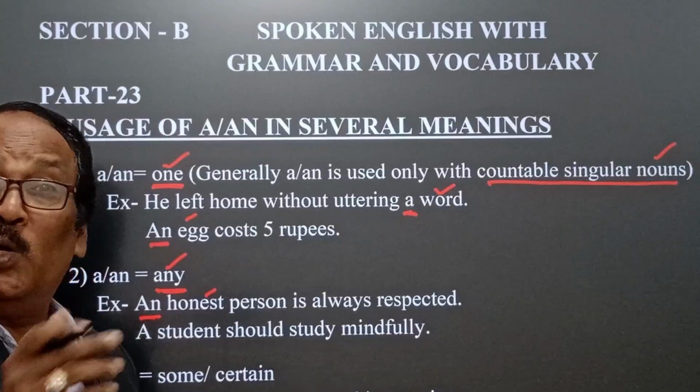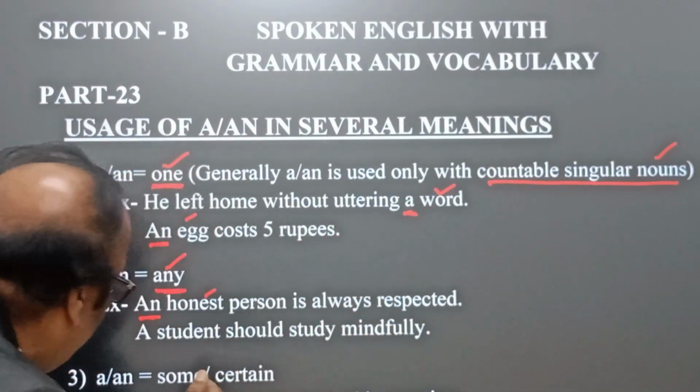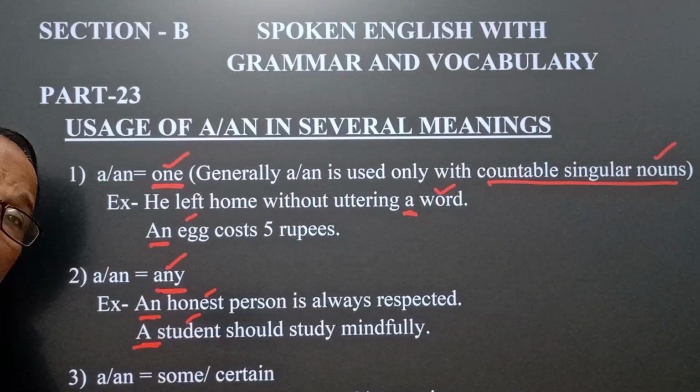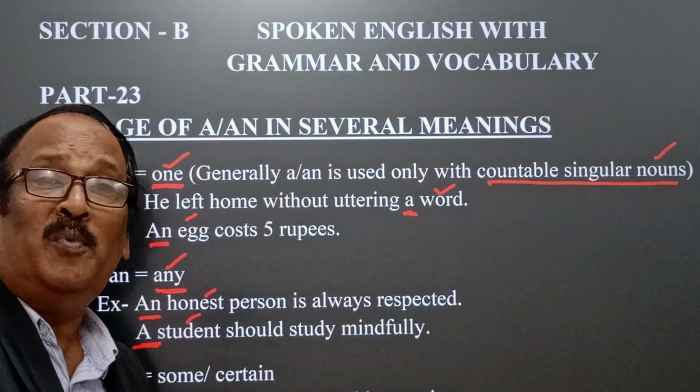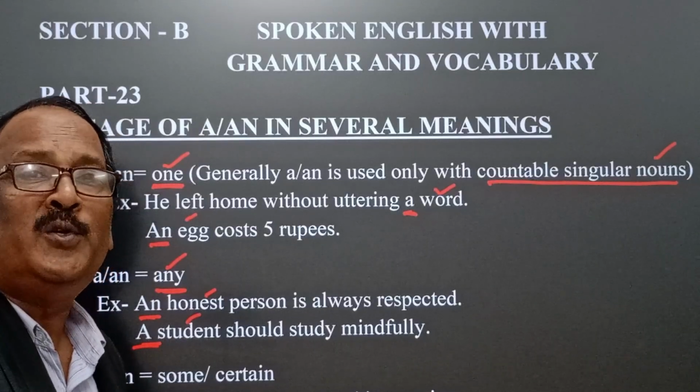It's very nice because we say honesty is the best policy. Now see here, a student. Similarly, whoever the student may be, a student should study mindfully. This is the noble duty of a good student.